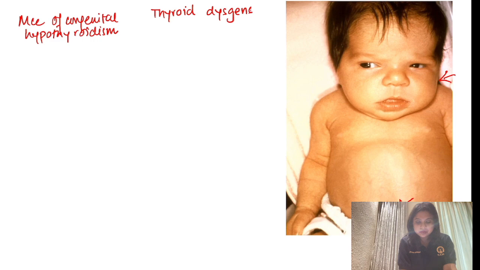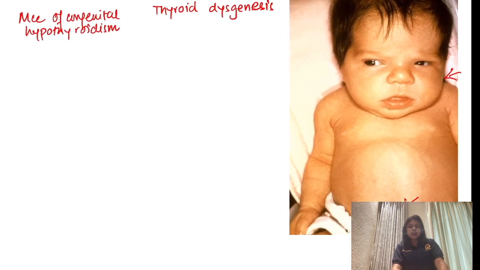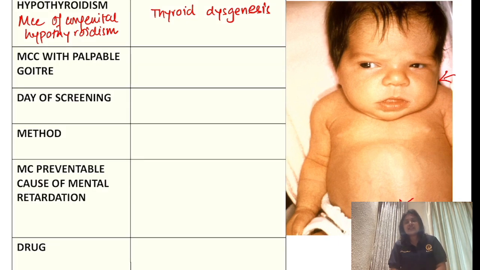First of all, in congenital hypothyroidism, you need to do two or three things. First, you need to understand from the clinical features that we are dealing with congenital hypothyroidism. Next, we need to find out the cause.